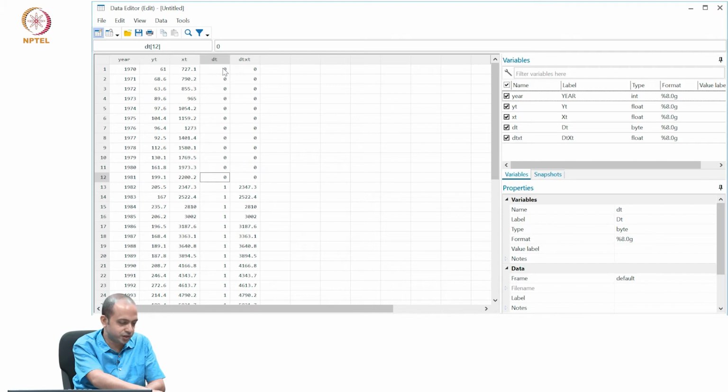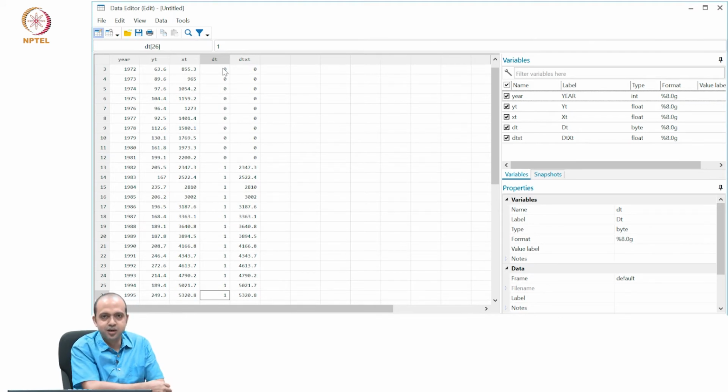This is the pre-recession period, and starting from 1982 to 1995, in all these years this dummy variable takes the value 1, indicating post recession starting from 1982, because that was the structural breakpoint. 82 is the structural breakpoint we have assumed, and this particular cell is simply created by the interaction, that means the multiplication. Okay.